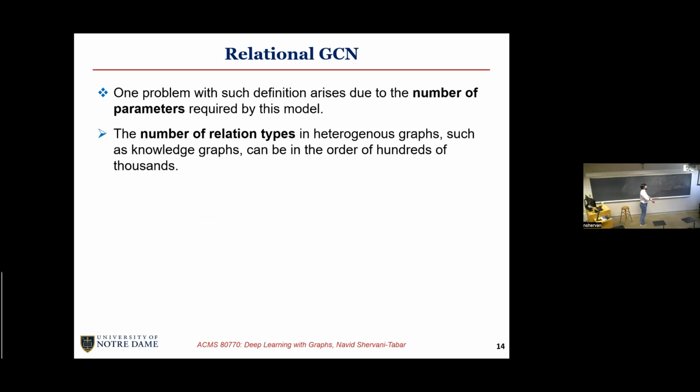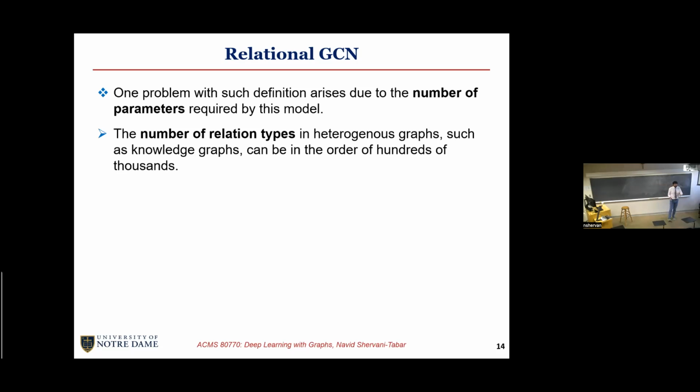So now there's a problem with this approach. Let's say that we want to deal with a knowledge graph, which has hundreds of thousands of relationships. That means that in the previous, like in GCNs, in the first layer, we had some weight W that we were sharing throughout the graph, right?